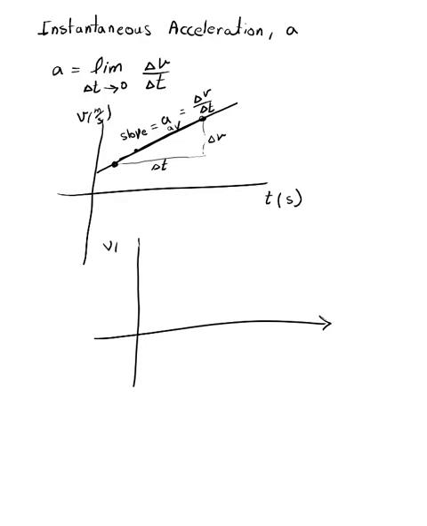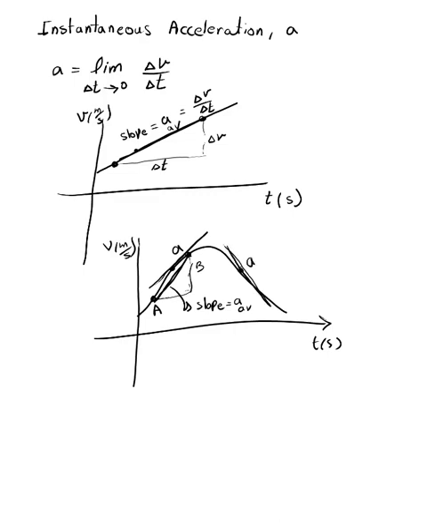But if you have, for example, v versus time and you have something like this, then the slope of the line between point A and B gives you the average acceleration, but the slope of any tangent line at any point gives you the instantaneous acceleration.